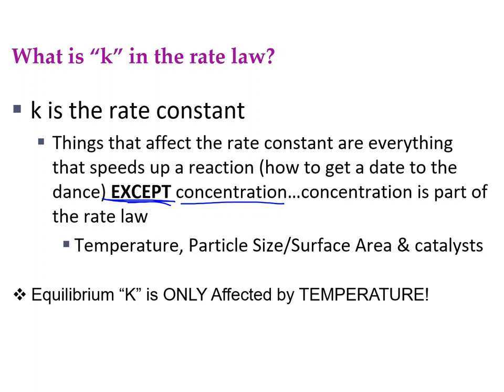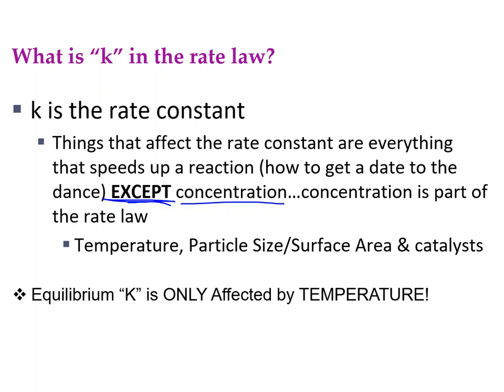So concentration, separate entity. We know that when we change the concentration for zero order, nothing changes the rate. We know that if we change the concentration for first order, that same factor will also affect the rate. We know that when we change the concentration for second order, it is the square of the change, and that would be like squaring the rate, okay?